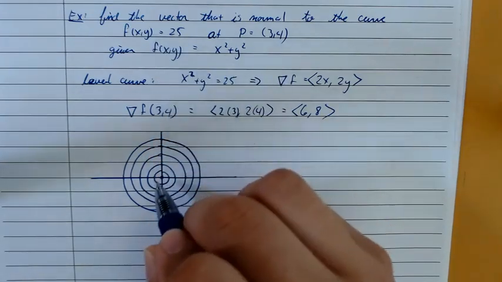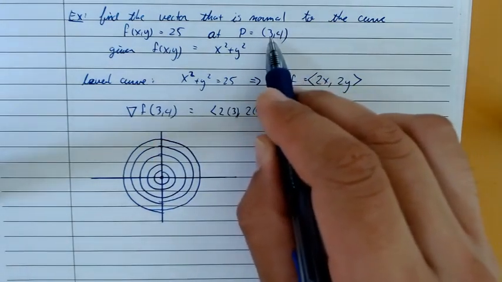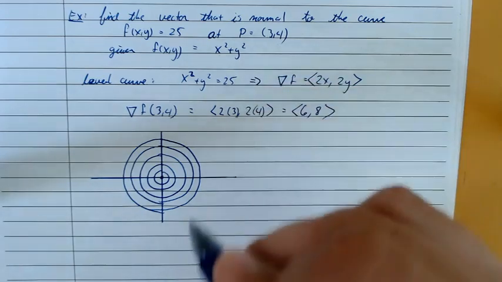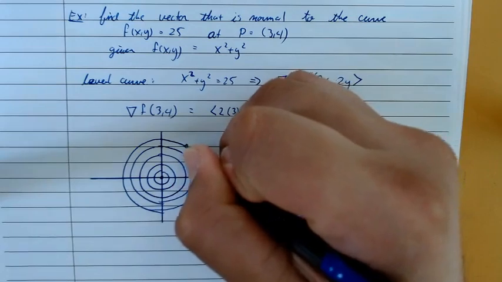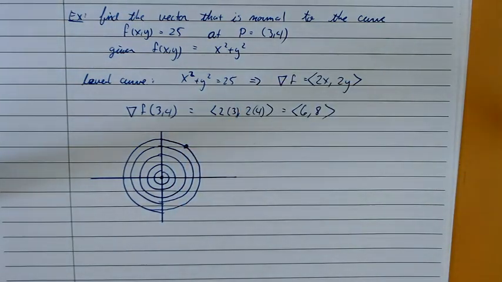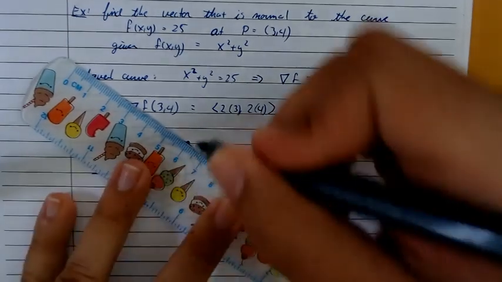Well, 3, 4 actually does put us on the 5th ring. If you use the Pythagorean theorem, 3 squared plus 4 squared is equal to 25. So that does put you out here on the 5th ring. Now if you found the line that was tangent to the curve, that would be this one.